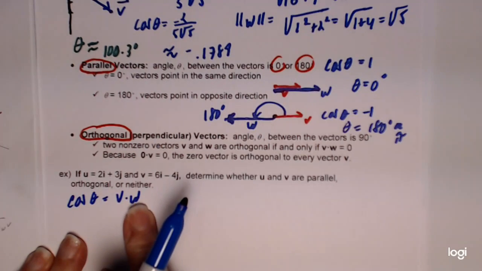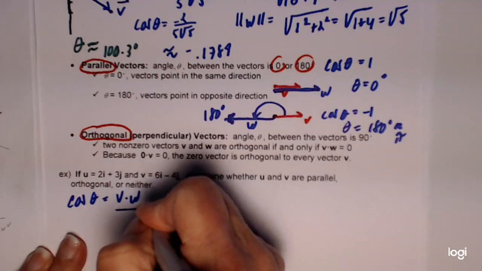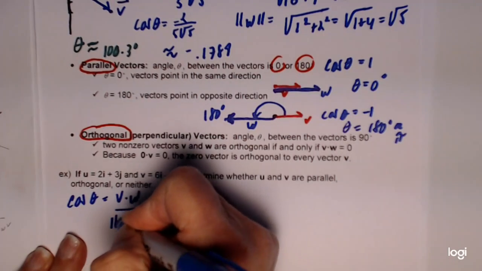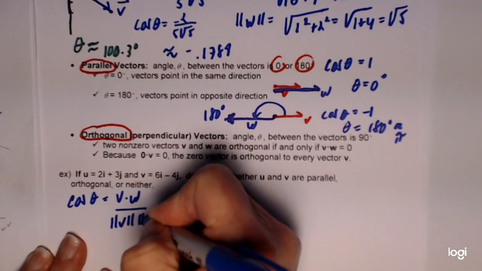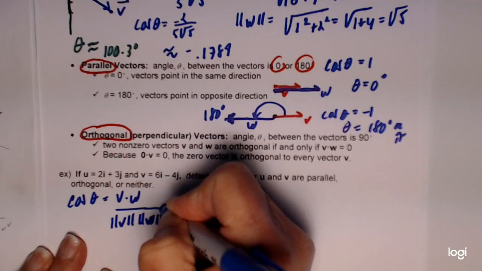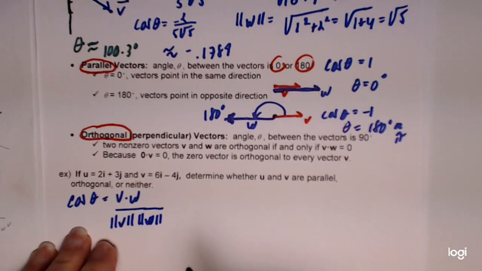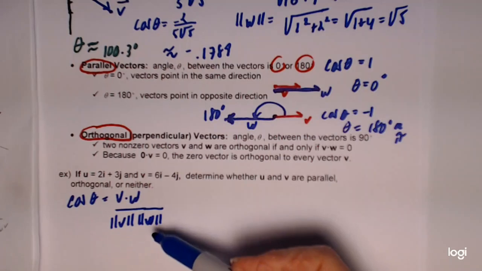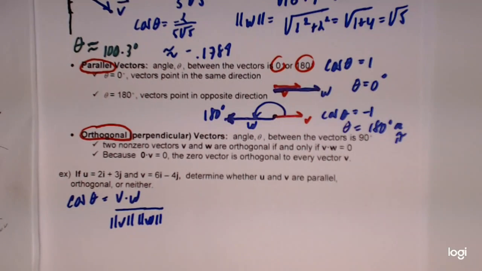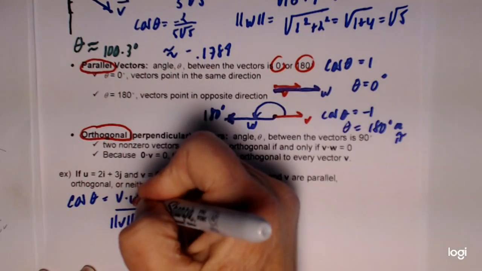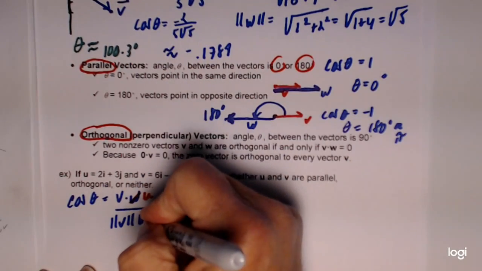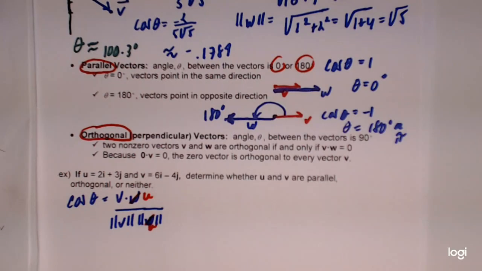Probably should have used V and U. Well, this is the beauty of markers. I can change it. So I'll have this be V and U, and then make that U down there so it fits better with our example.